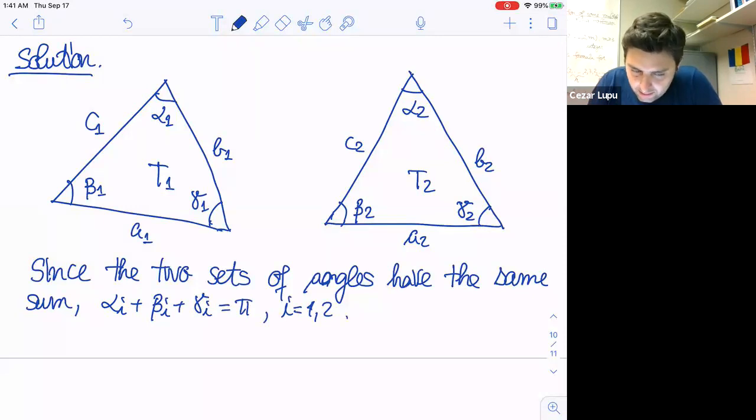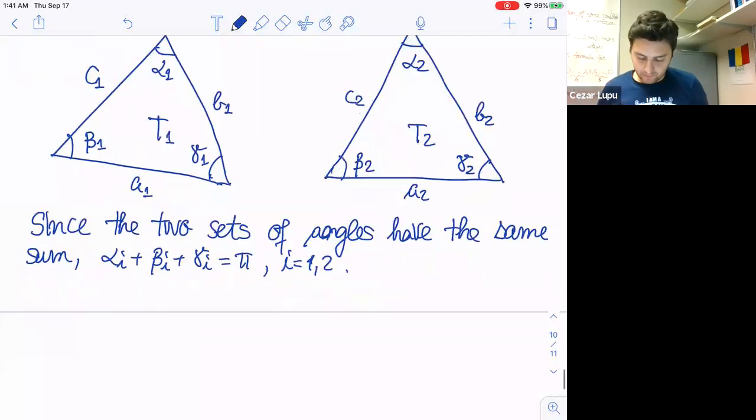what does this mean? This means that there will be an angle from the second triangle.